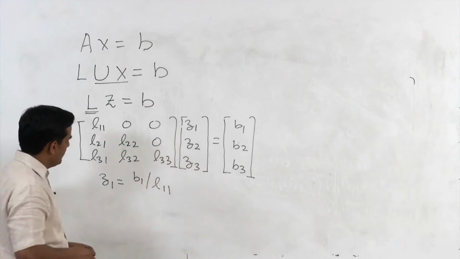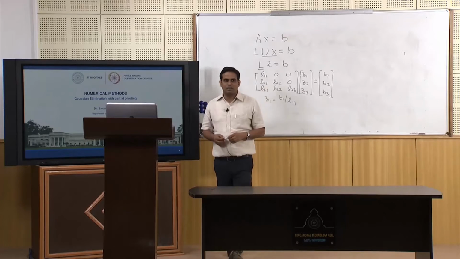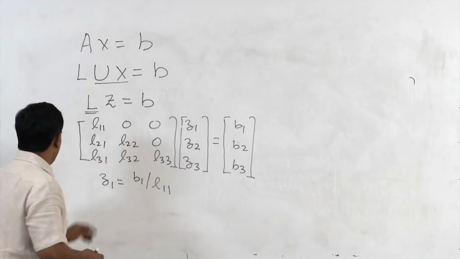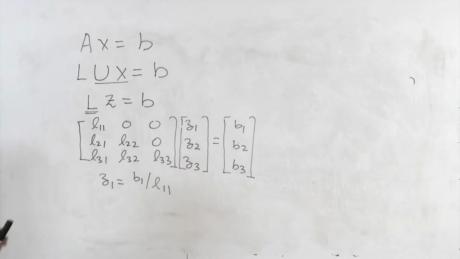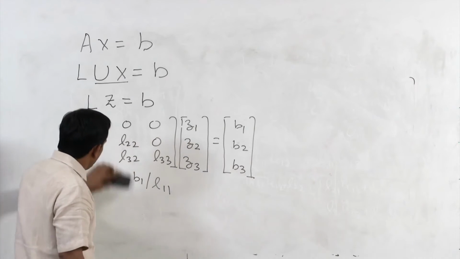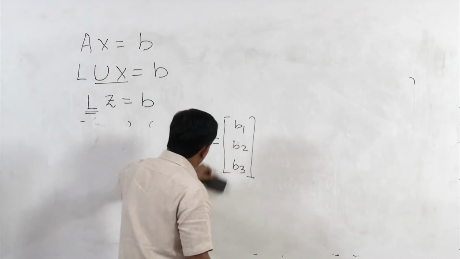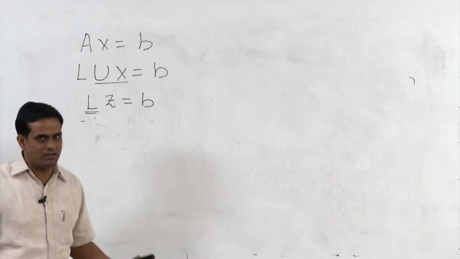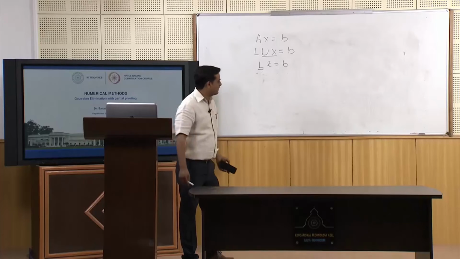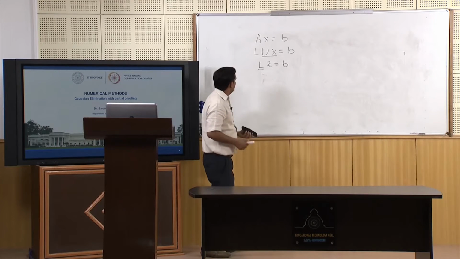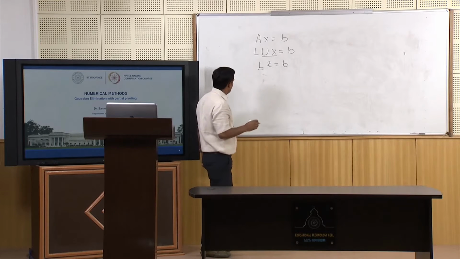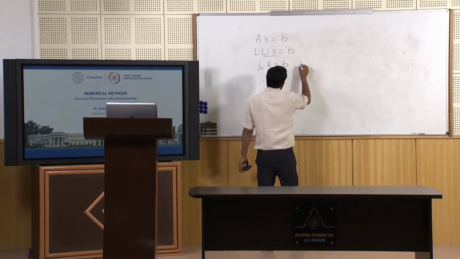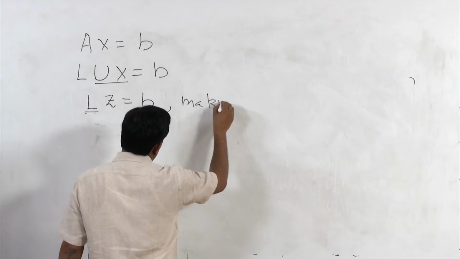So, this is something I am doing like forward substitution. So, making use of forward substitution, I am getting the values of Z1, Z2 and Z3, up to Zn if we have an n by n matrix, and then I can find out the unknown vector Z. So, here I am making use of forward substitution.